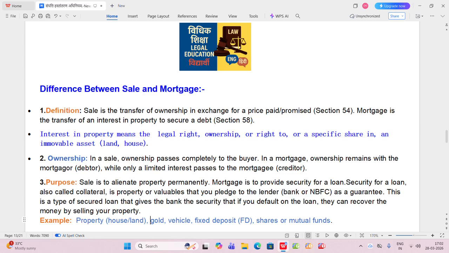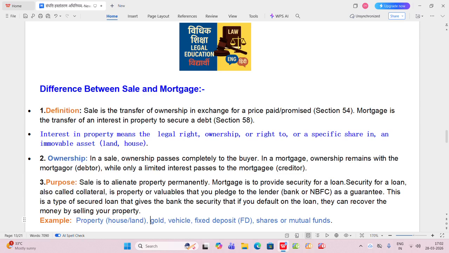If suppose you have taken a loan from a bank, then you will be the mortgagor, debtor. So in mortgage, ownership remains with the debtor, while only limited interest passes to the mortgagee, creditor, which is the bank.